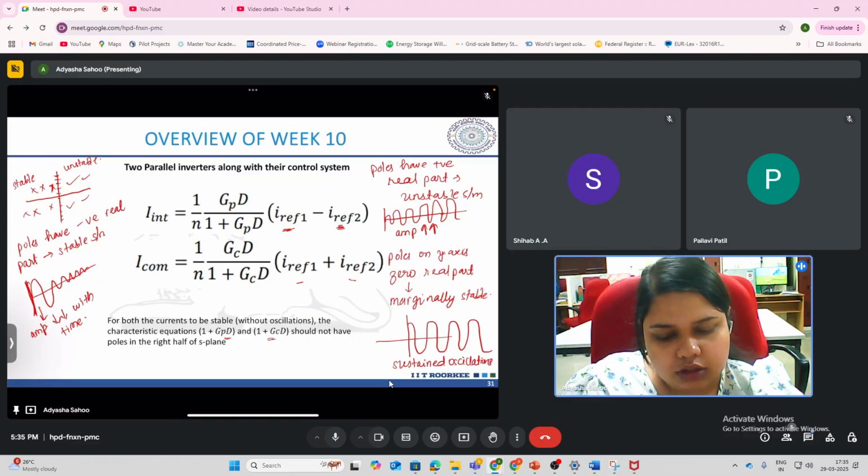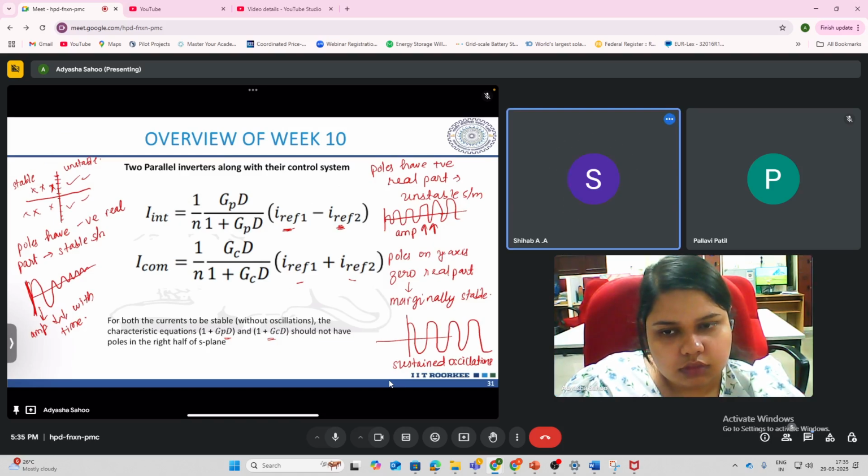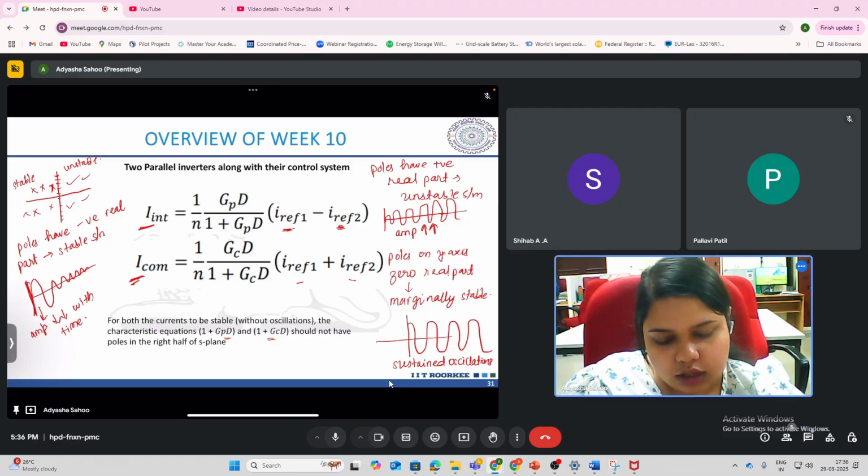If IREF1 is equal to IREF2, then which component will be absent or present? This one is the interactive. If IREF1 is equal to IREF2, then which component will die out?